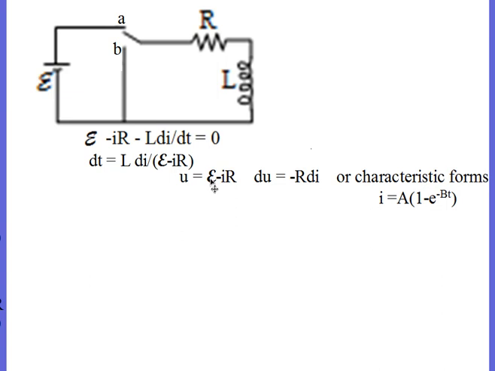You take the derivative of everything there. You could also do it with characteristic forms, since I know it's going to come out as a first degree, e raised to a negative power, and you could figure out what those coefficients a and b are. But I will proceed by doing it by separation of variables, I think is the name for this technique.